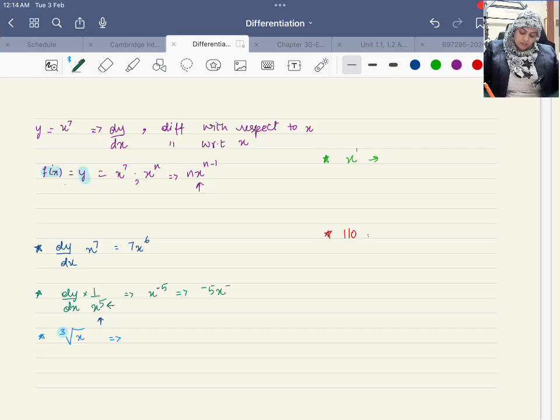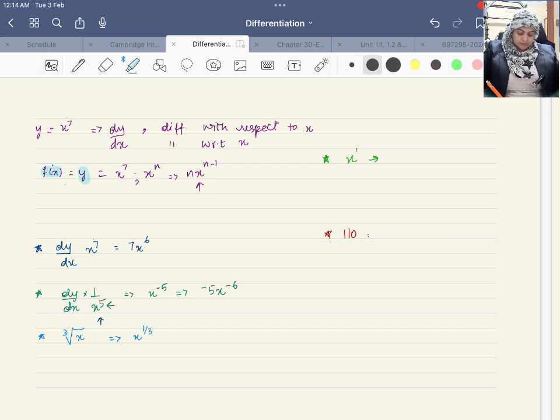Now, when we have a radical sign attached with a number and there is some number on the tail, even if there is no number on the tail, we will first have to bring it into fractional indices. So when we remove the radical sign, this becomes x to the power 1 upon 3.